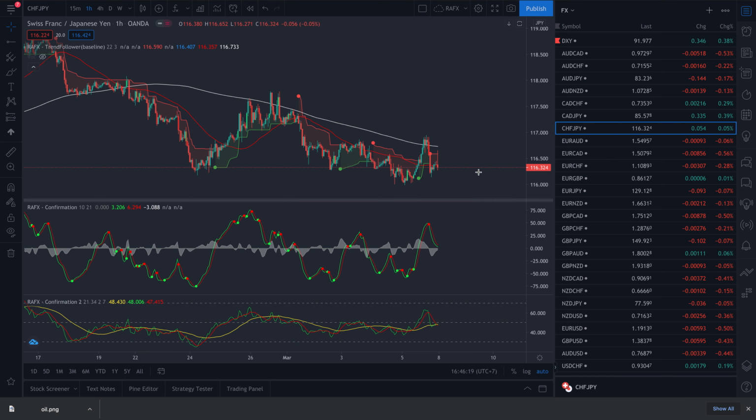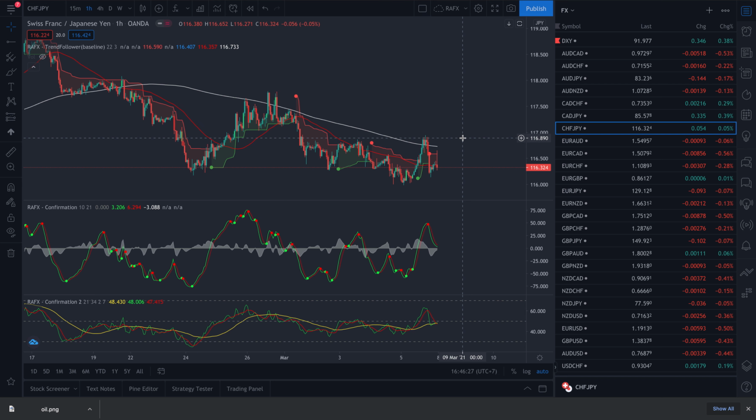As of the moment, we don't have any, because based on the 1 hour time frame, the chart is still in a downtrend until we see a clear buy signal from the trend follower indicator.